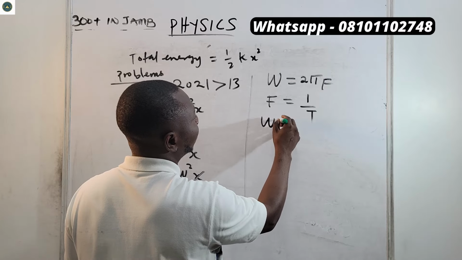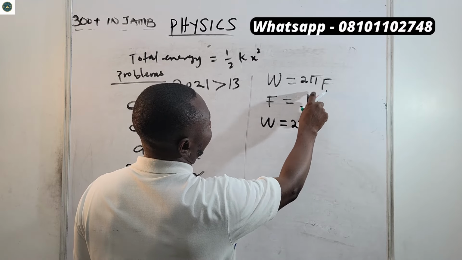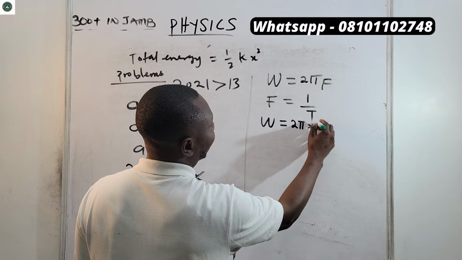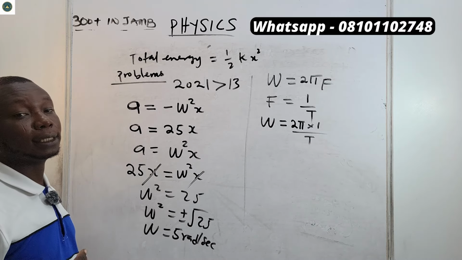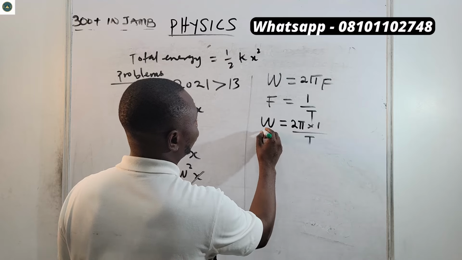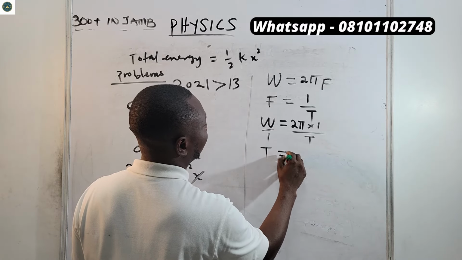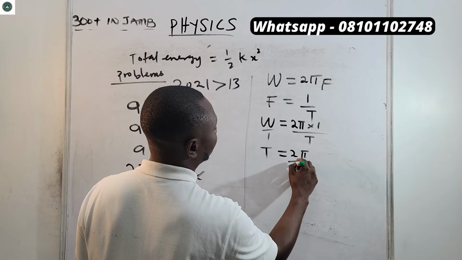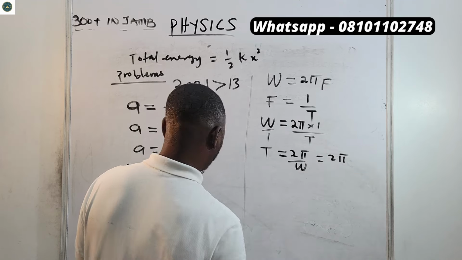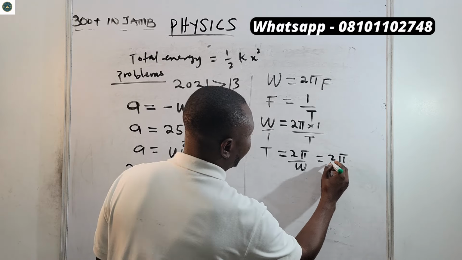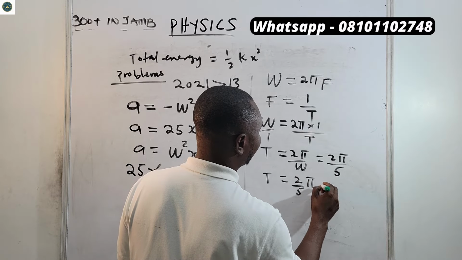So omega is 2 pi f, where f is frequency, which is 1 over T. You just cross multiply, so omega times T equals 2 pi, and T is equal to 2 pi over omega. Omega is 5, so the time is 2 over 5 pi seconds.